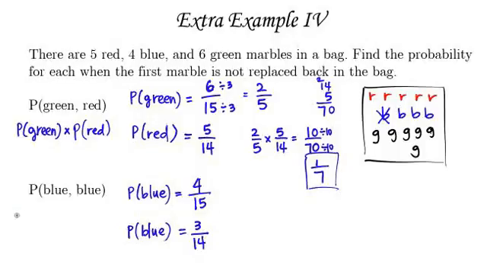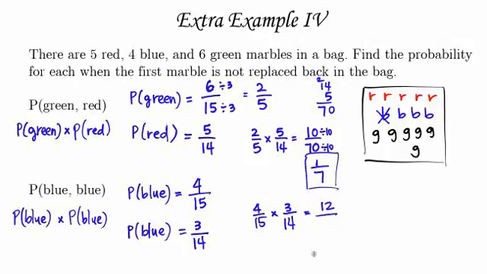So now I'm going to take the first event and then multiply it by the probability of the second event happening. So it's 4 over 15 times 3 over 14. 4 times 3 is 12 over 15 times 14.